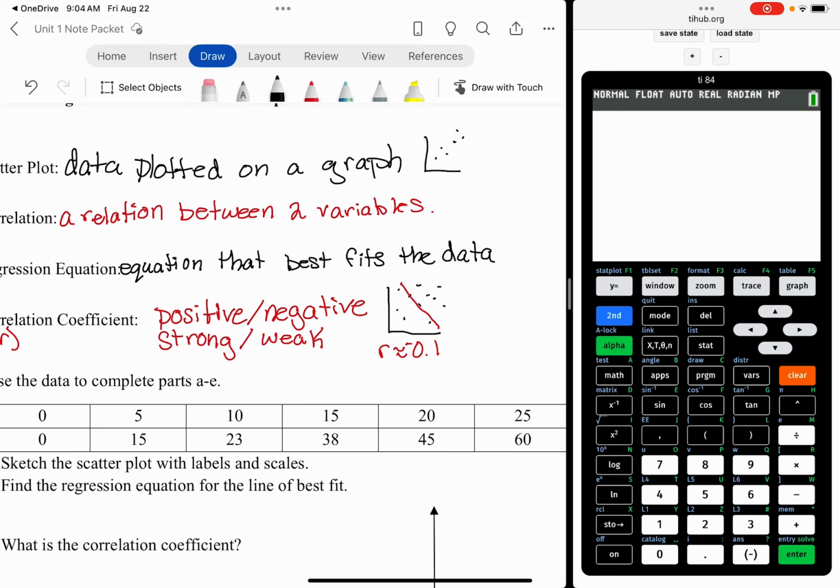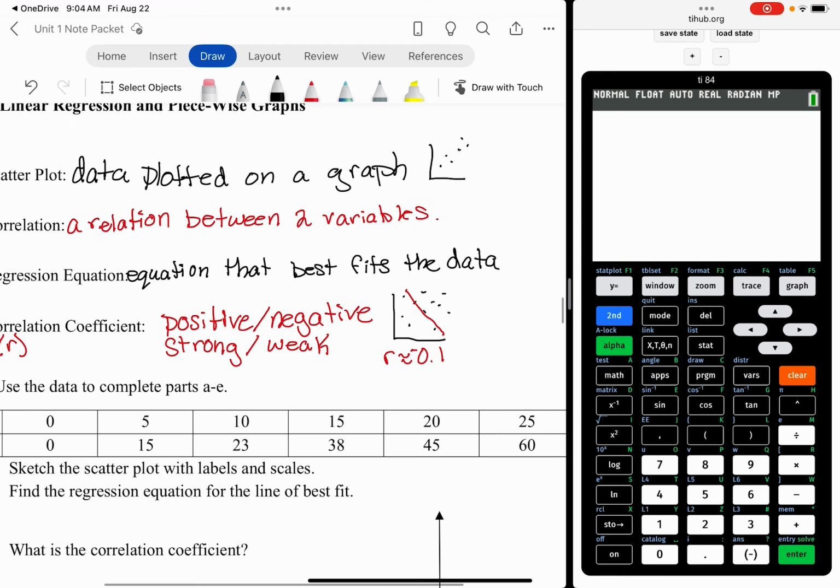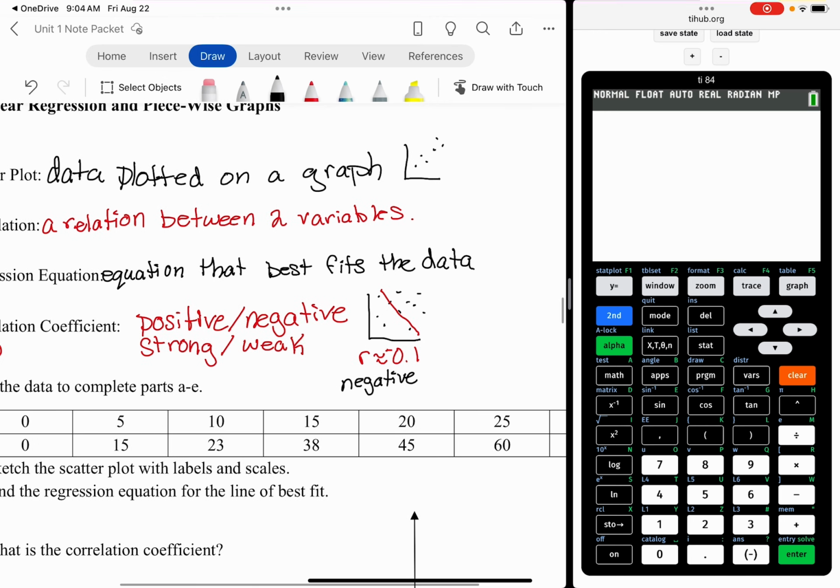Because it's negative, that means it would be a negative correlation. So because it's negative, it's a negative correlation. And then because it is far away from 1, that means it's going to be weak.